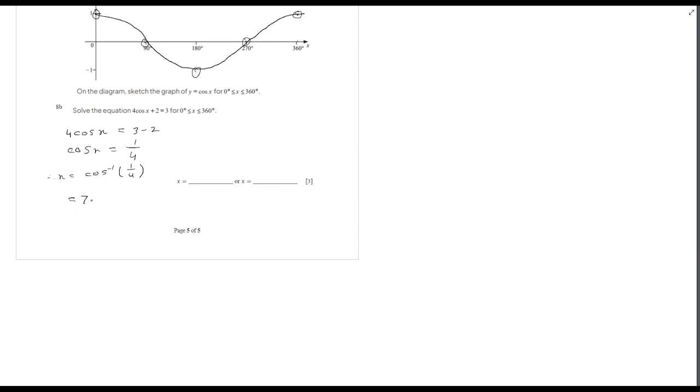So one answer is 75.5 degrees, and the other answer will be 360 minus 75.5 degrees. So the second answer is 284.5 degrees. This is the value of x.